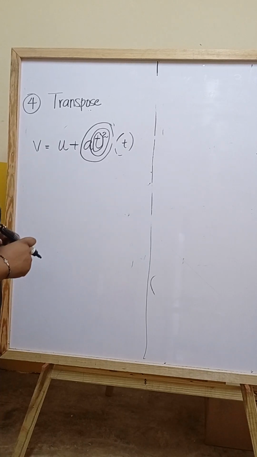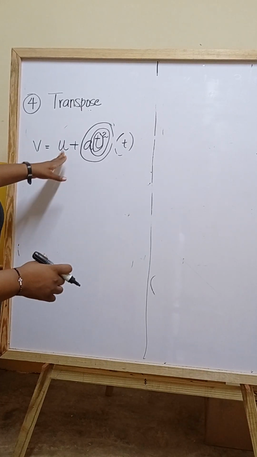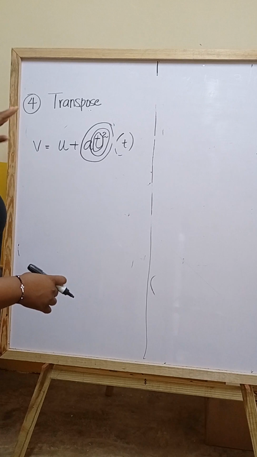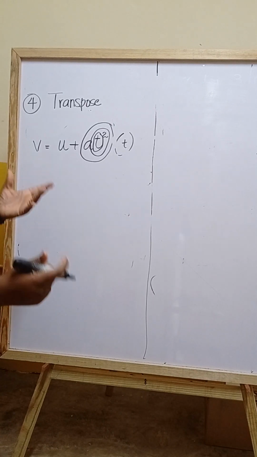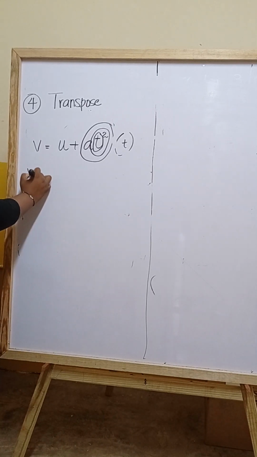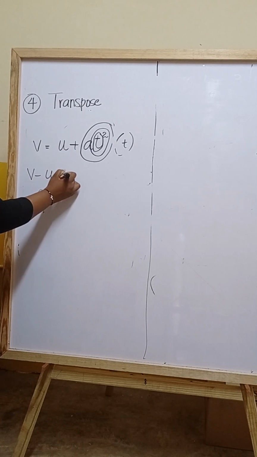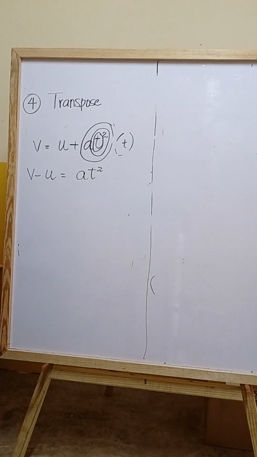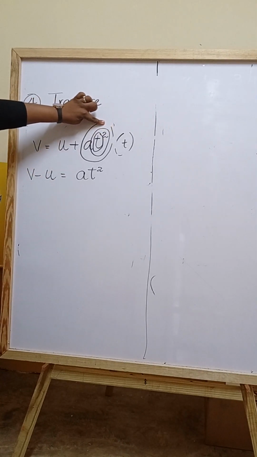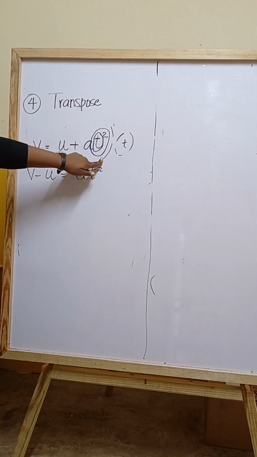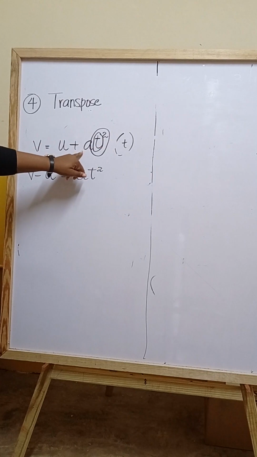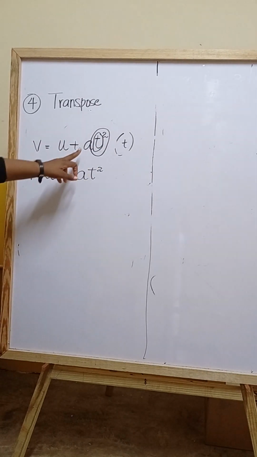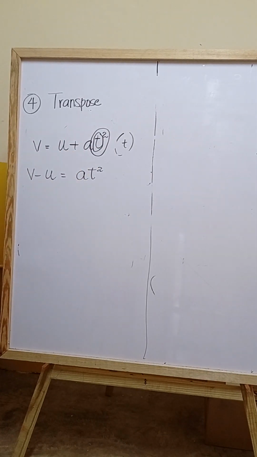Now u is being added on the right, so if we are going to take u to the left hand side, we must subtract. So it's going to be v minus u is equal to at squared. Next, we're going to remove this layer. We are left with a uncircled. So a is the next thing we're going to eliminate.